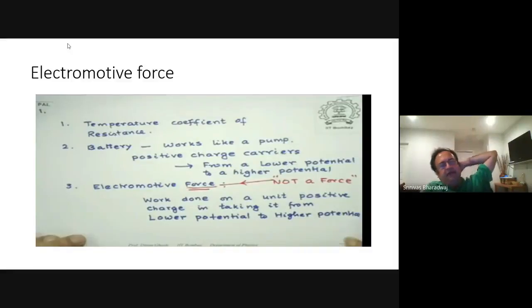Because I is equal to V by R, V is equal to IR, as you know from Ohm's law, V squared by R is also power, or I squared R is also power. So power is V times I, V squared by R, or I squared R. They're all equivalent because of Ohm's law.